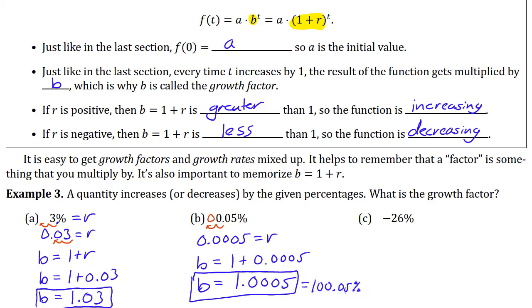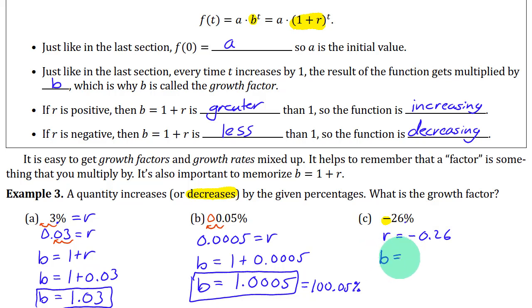All right, so if this is negative here, it means it decreases. So if it's decreasing, we have a negative r. The r here is negative 0.26 after you move that decimal place over 2 times.